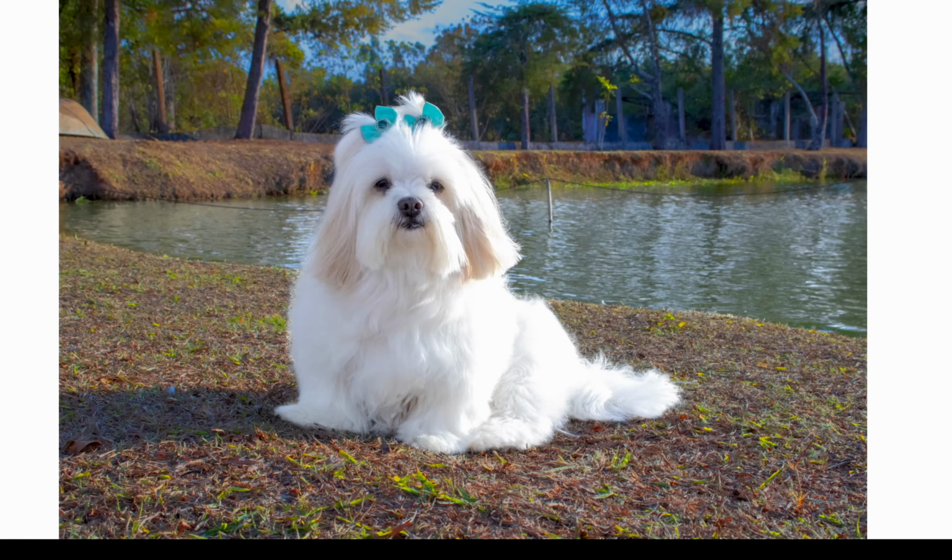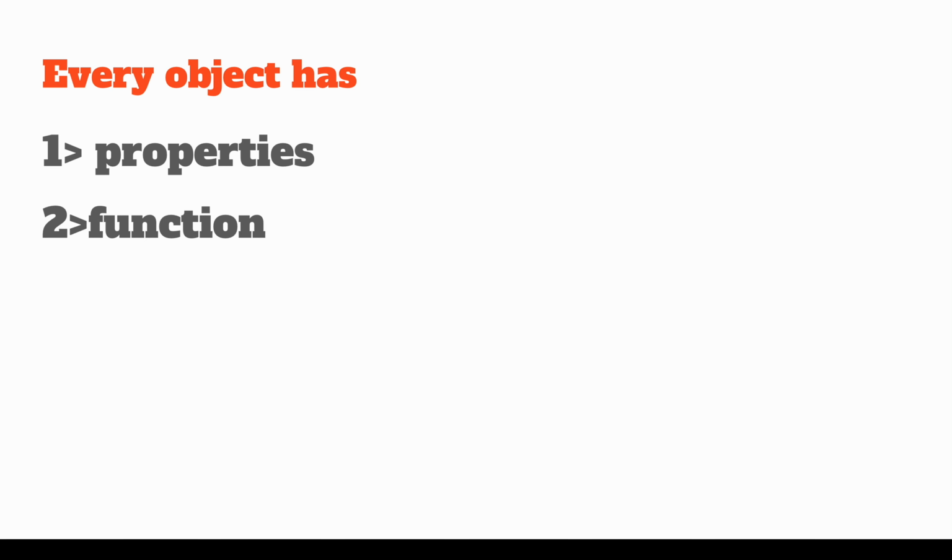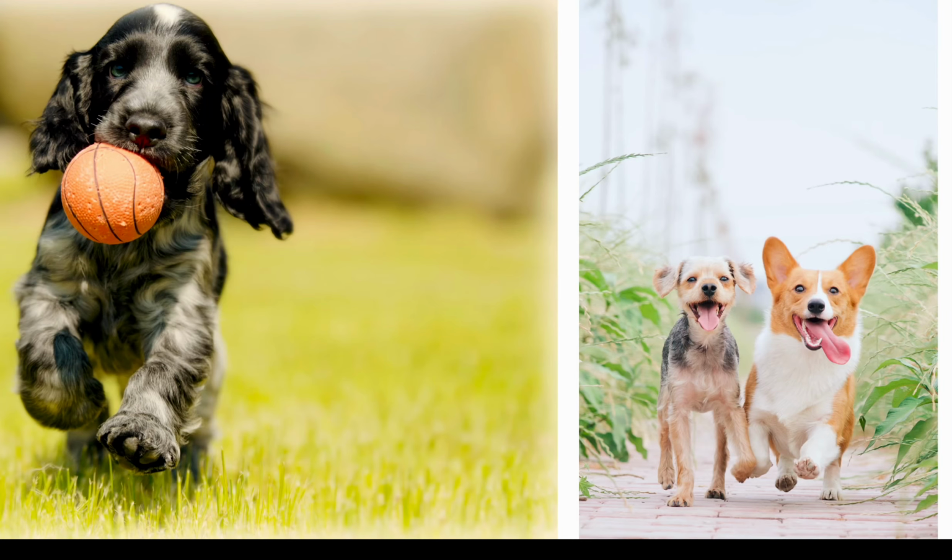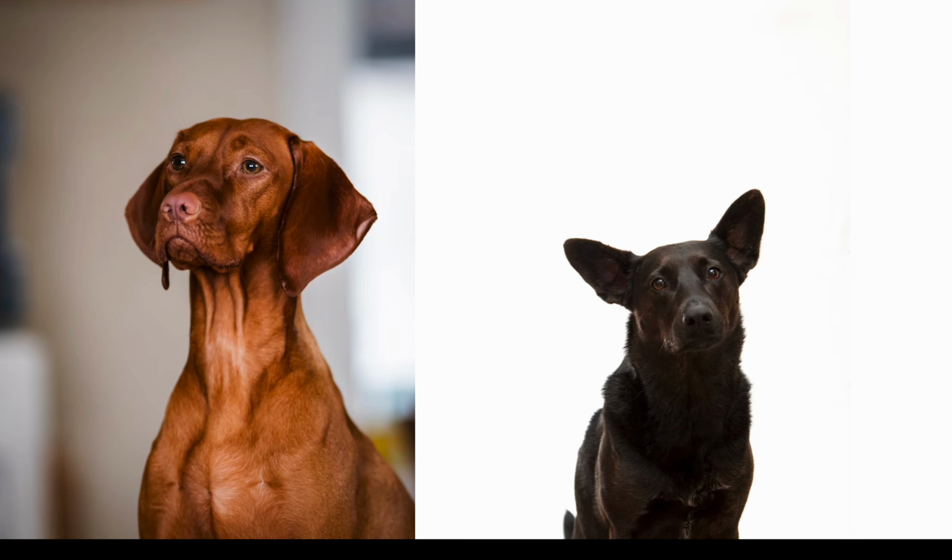Now, I want to tell you one important thing. I'm just going to show this slide for you. As you can read this, every object has properties and function. You know what is properties? Let me go back now. Can you see different color dog?